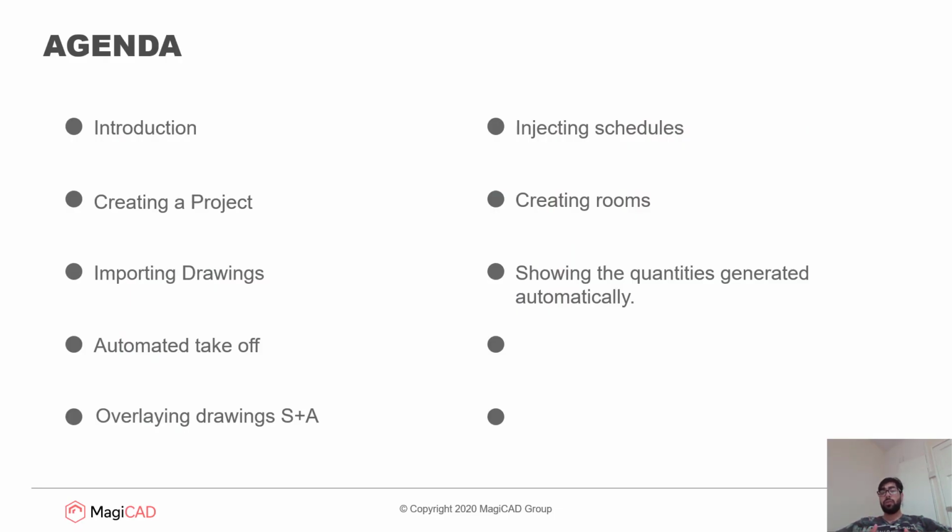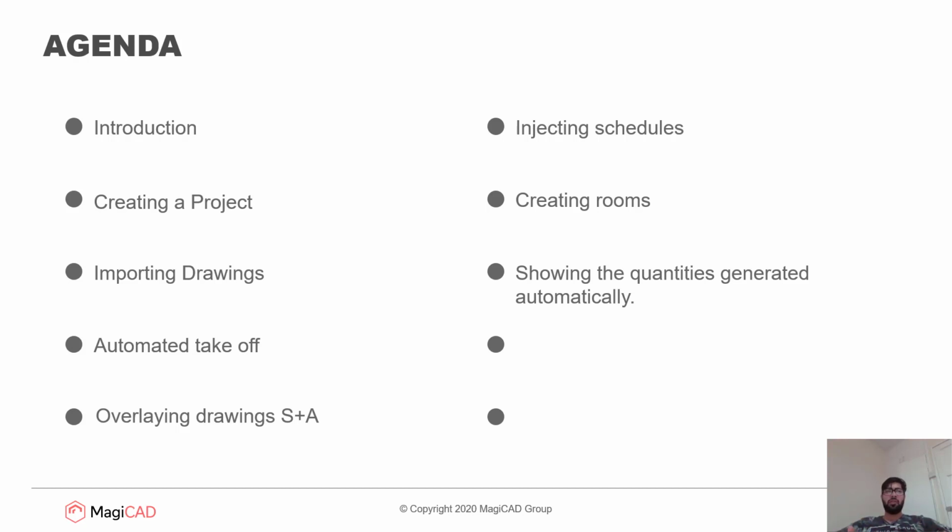Some things which we'll cover in this webinar are, first, an introduction. Then I'll go over creating a project, importing drawings, automating the takeoff process, and then overlaying structural and architectural just to show some of the capabilities.